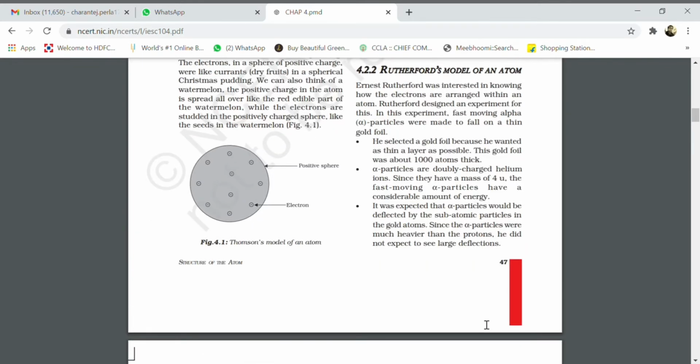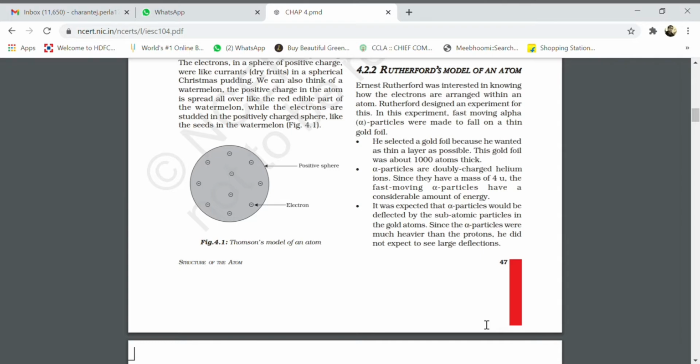He was the person who conducted the gold foil experiment, in which he took a gold foil and beat it into a foil about 1000 atoms thick. He took only gold foil because, as you learned, gold is malleable, so it can be beaten as thin as possible.